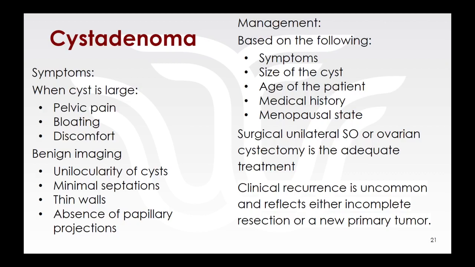So if you're ever asked a question, what is your next step in management in something like this? Ultrasound is typically your first step, right? So that's why a pelvic ultrasound is always the best step.